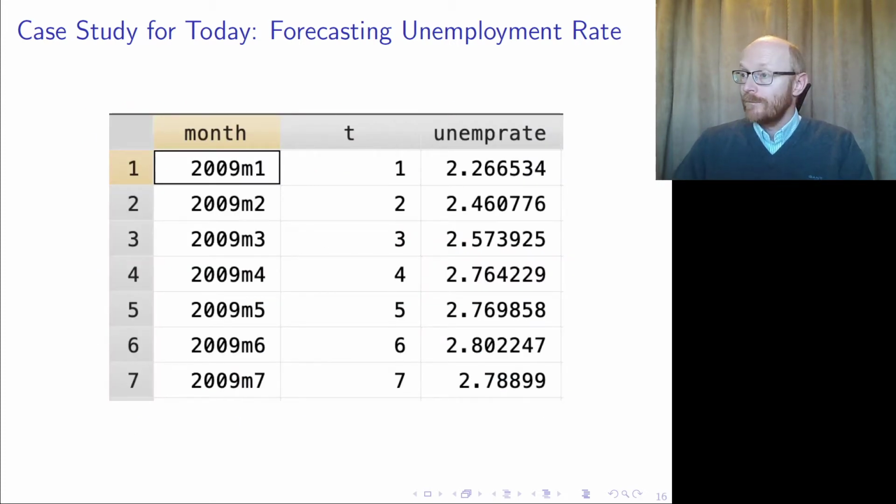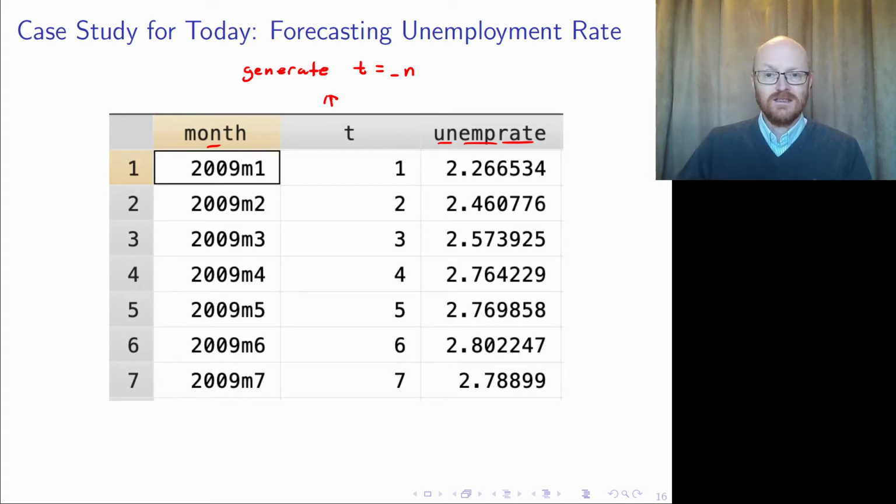Okay, so you have the data, you have a month, and you have the unemployment rate, and this t variable is just counting 1, 2, 3, 4, 5, 6, 7, and onwards until 129, and this is just made in Stata by generate t, and the value of t is just a counter.